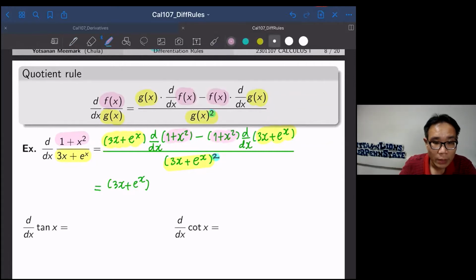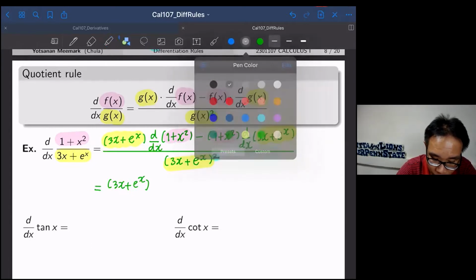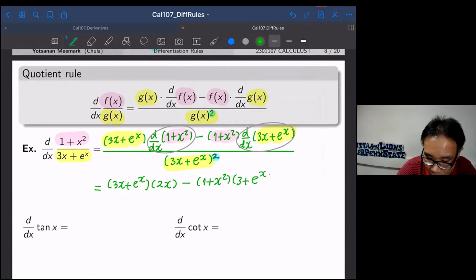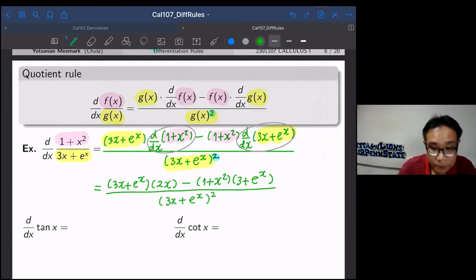Okay, and then you have two derivatives to differentiate. So you're going to get this guy and this guy to differentiate. So you would get 2x minus 1 plus x squared, and you have 3 plus e to the x, over 3x plus e to the x, squared.